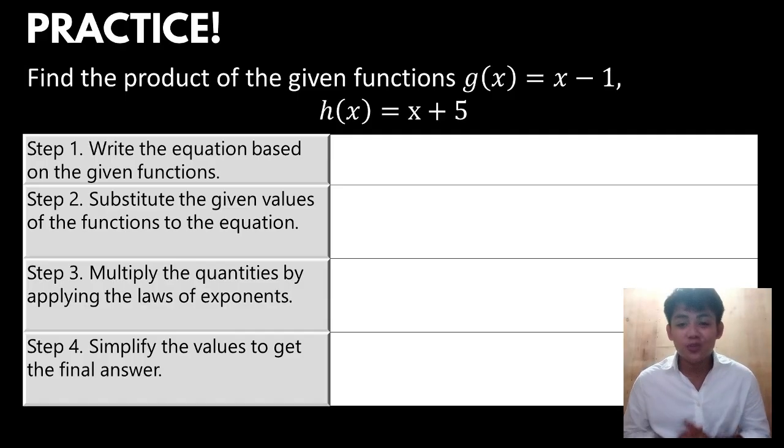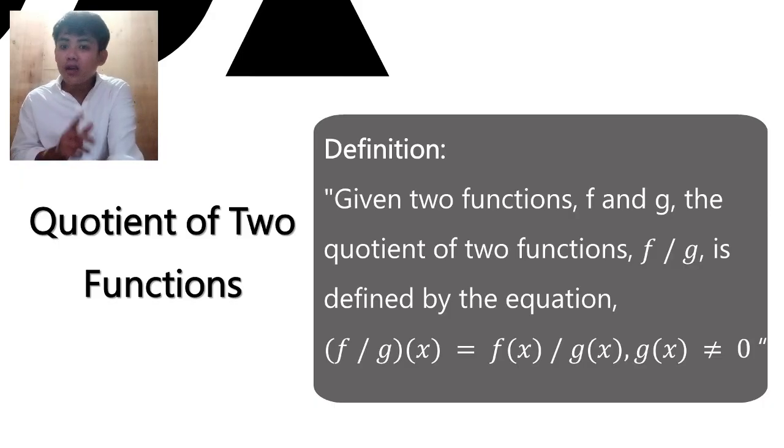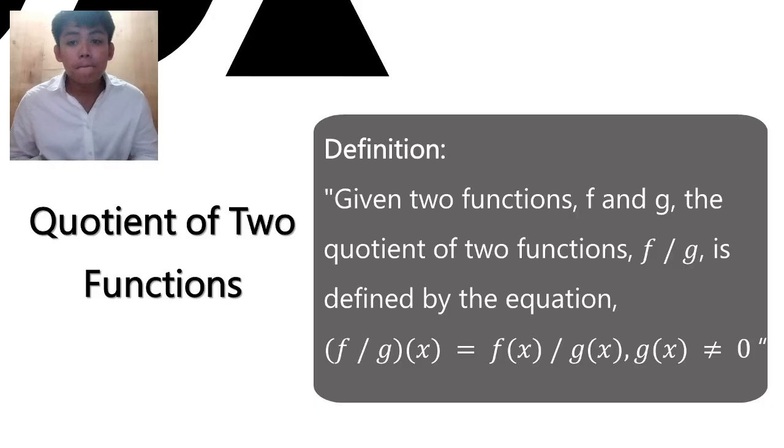It seems that you understood well our previous discussion for the three operations. Now, let's proceed to the last operation, which is the quotient of the two functions. Given again the functions f and g, it is defined by the equation f over g of x, which is equal to f of x over g of x, with a certain condition that applies only to the quotient of the two functions, wherein g of x, the denominator, should not be equal to 0.